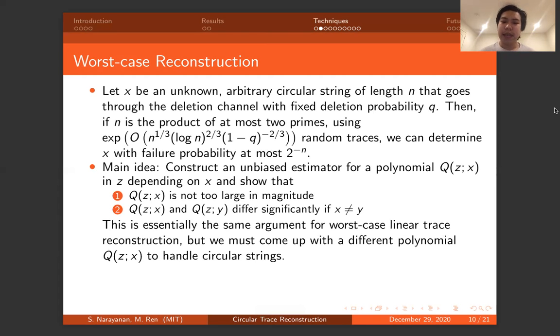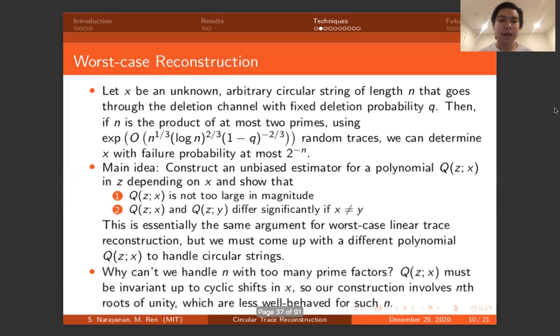This is essentially the same argument used for linear trace reconstruction, except we need to come up with a different polynomial q to handle circular strings. In particular, this q should be invariant under cyclic permutations of x.